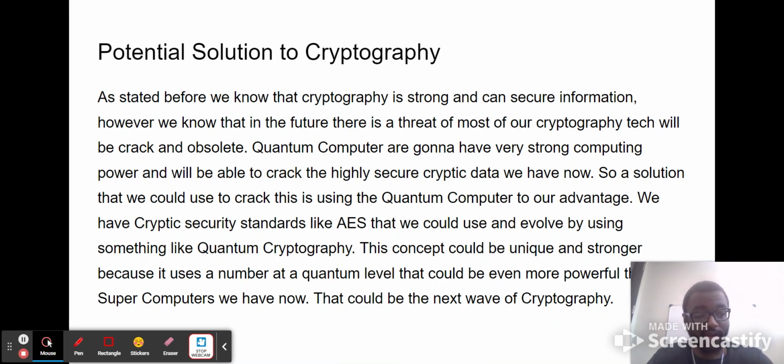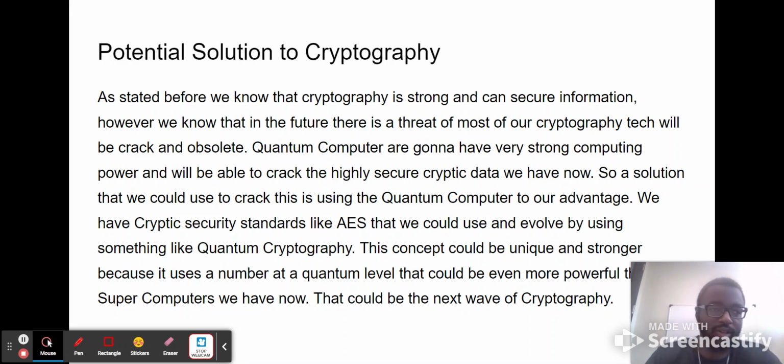Quantum cryptography. I don't know about you, but that sounds amazing. We could use the power of a quantum computer to essentially quantify, I don't think that's a word, but encrypt data on the quantum level.